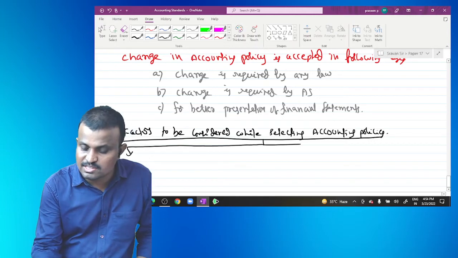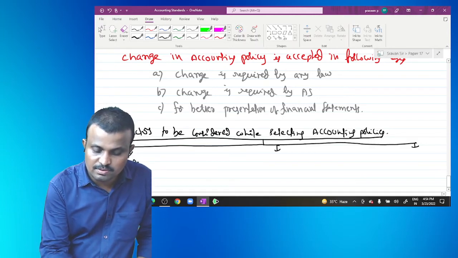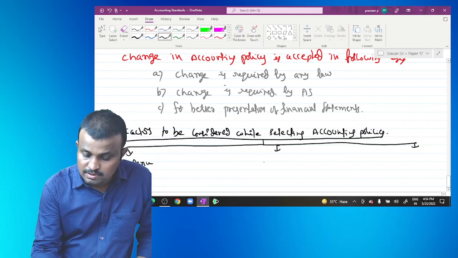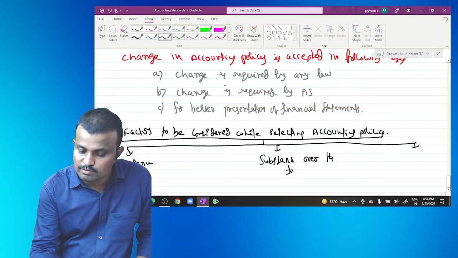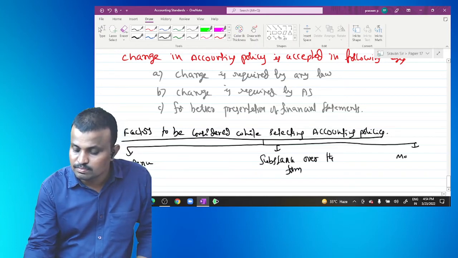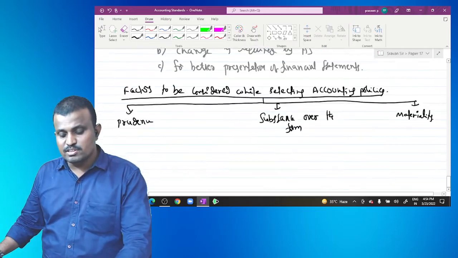Three factors are there: prudence, substance over the form, and materiality.